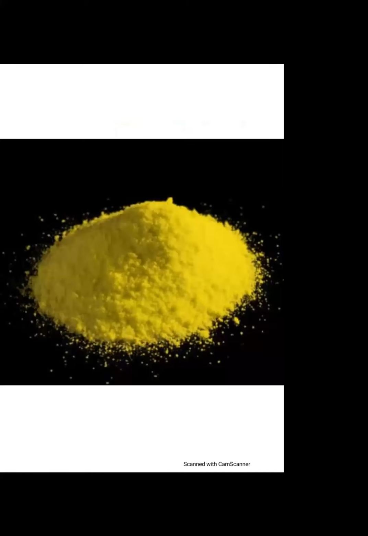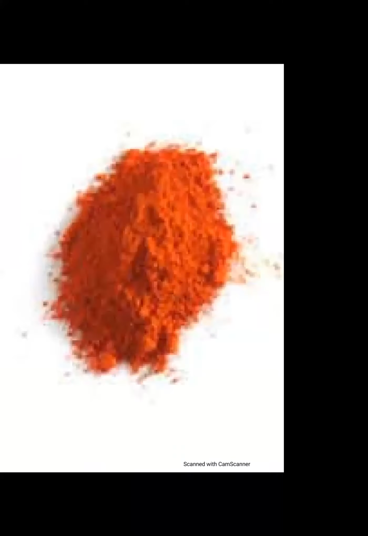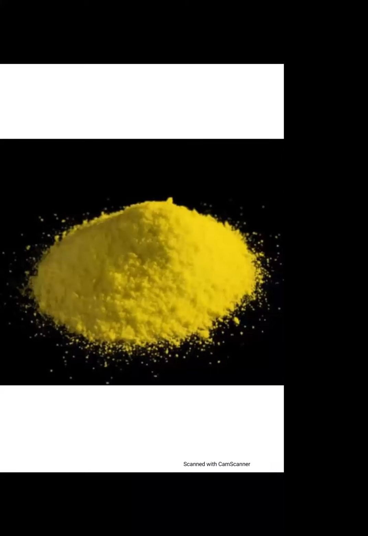Now lead monoxide is yellow in color, you can see in the diagram. So when Pb3O4 is heated, it gets converted into yellow lead monoxide, that is a change in color.